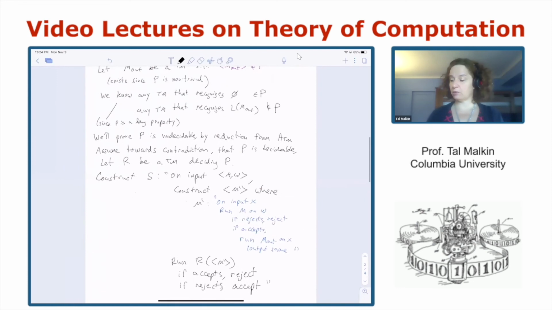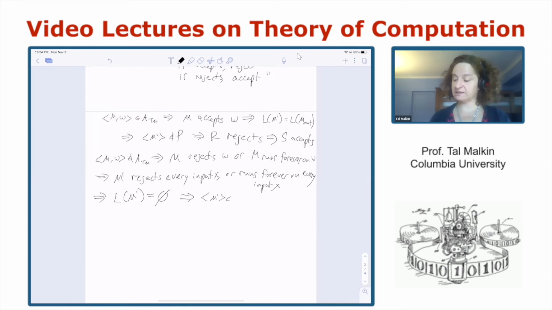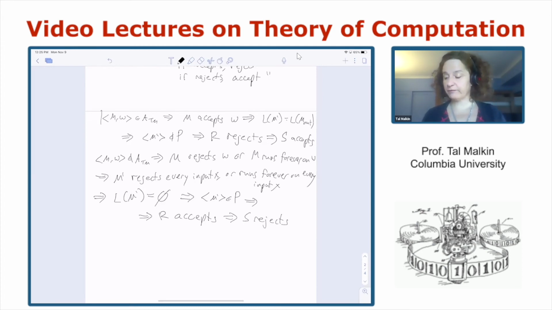And this we know satisfies the property. Okay, and therefore in this case, M prime does satisfy the property. And therefore R accepts, and therefore S rejects.